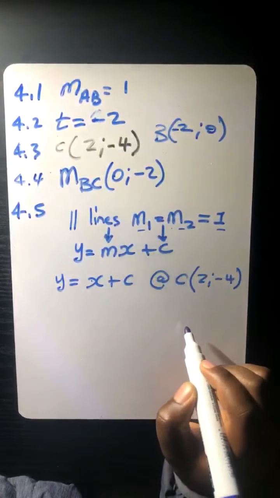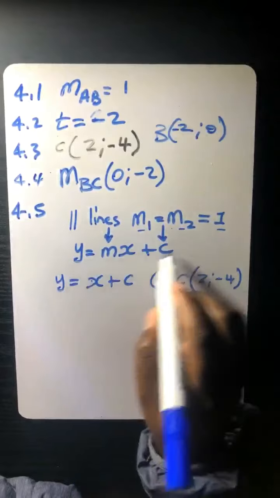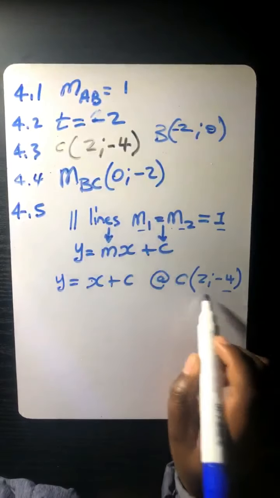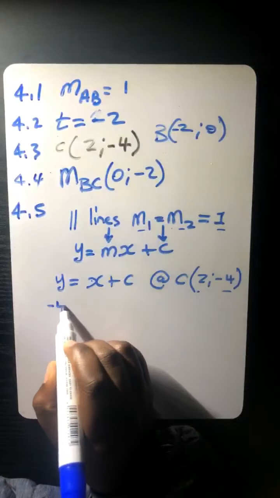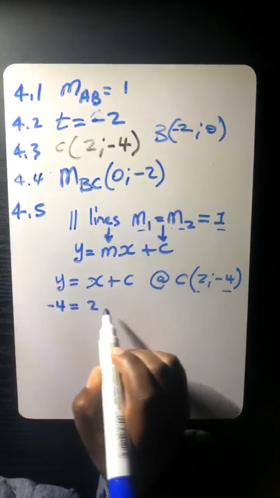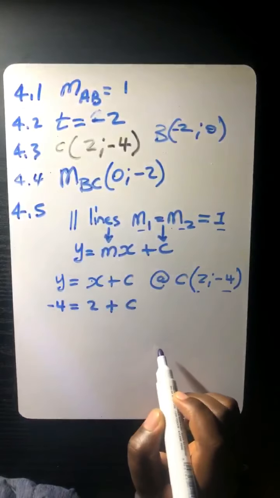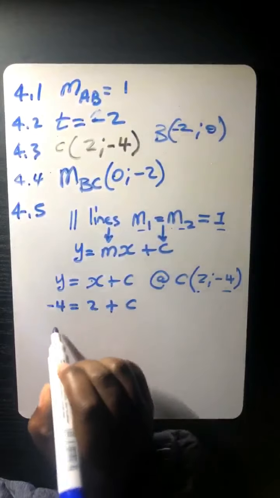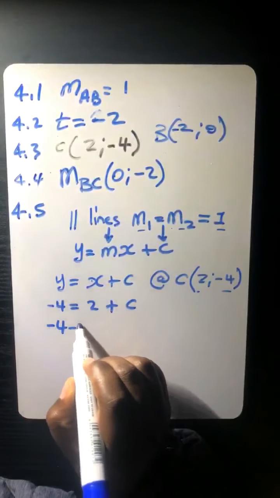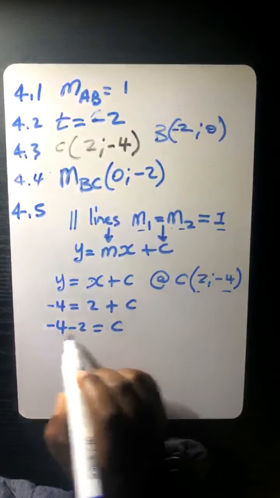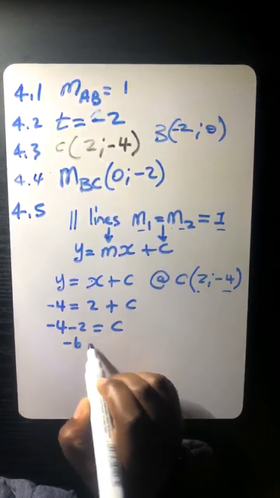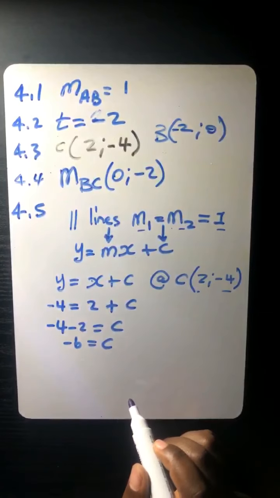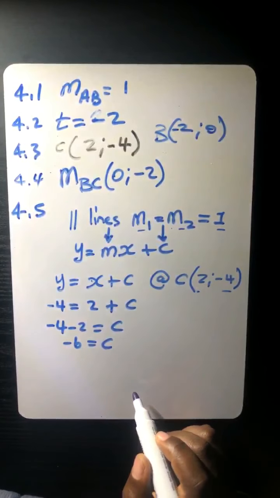Once you have these, you can easily rewrite the equation. When you substitute, where we see y, we substitute -4, and where we see x, we substitute 2. Letters one side, numbers one side, so we transpose, and that means the c value is equal to -6.